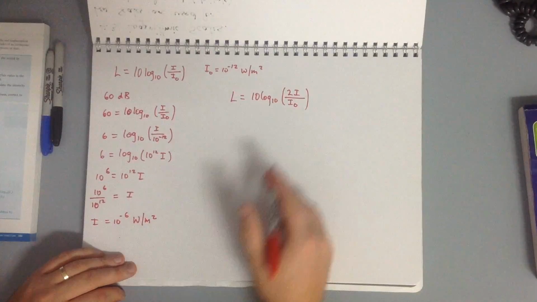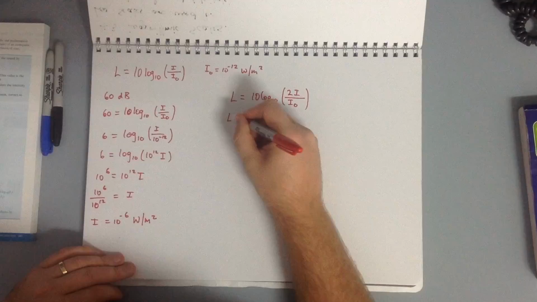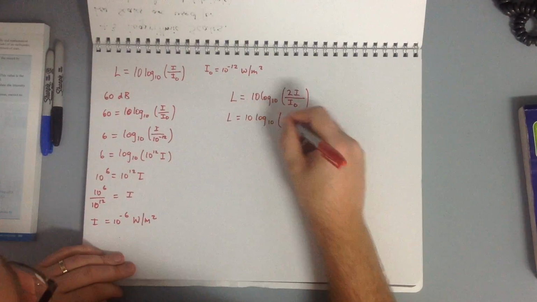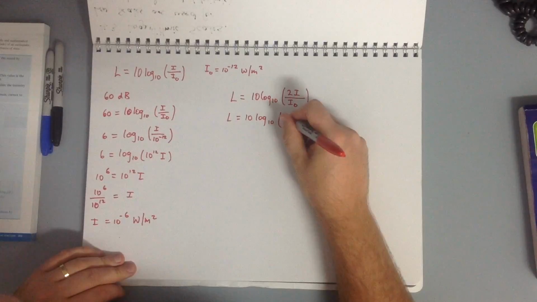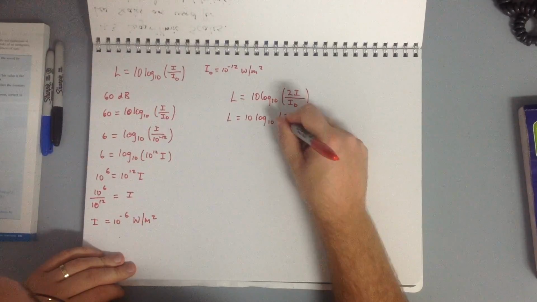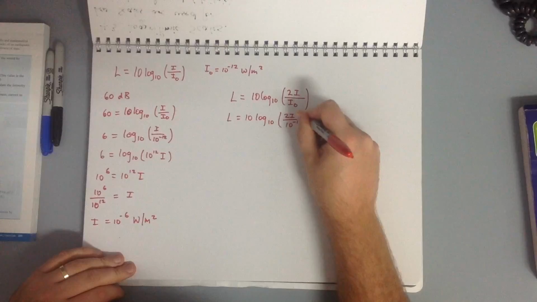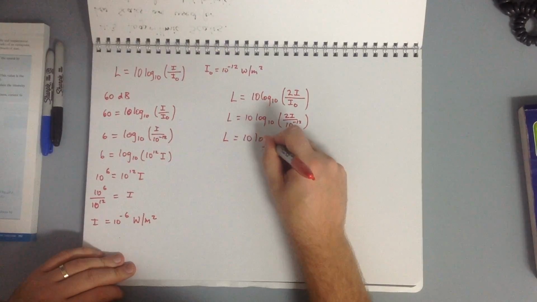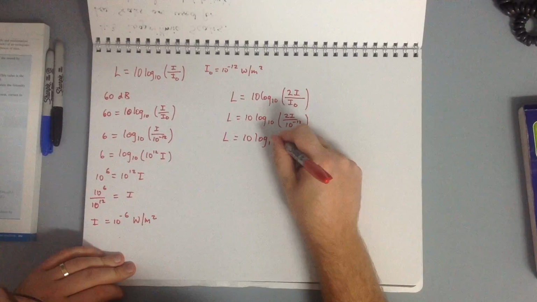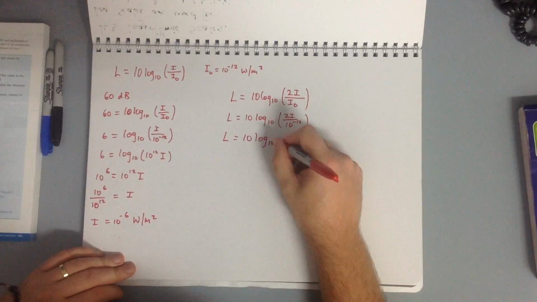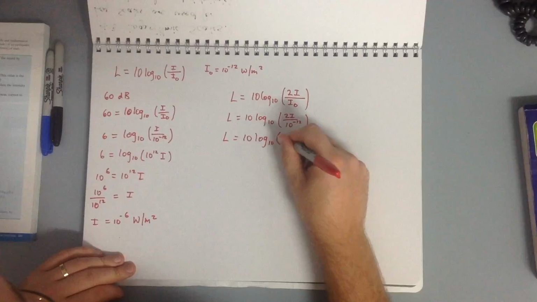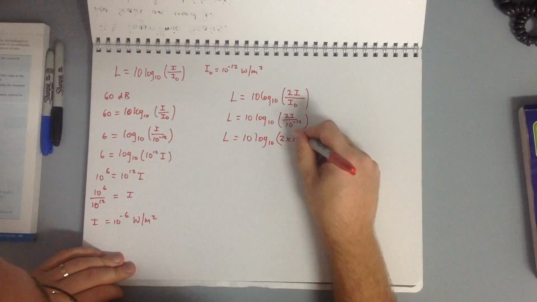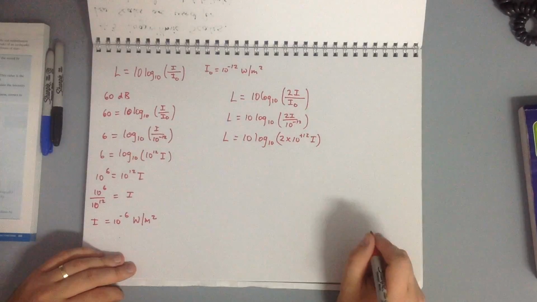Now again, we can put in our value for I naught, I over 10 to the negative 12, which we can write as 2 times our 10 to the negative 12, times 10 to the positive 12 now, I.